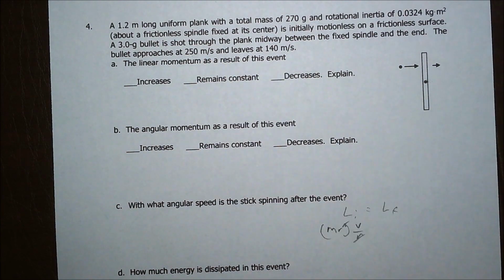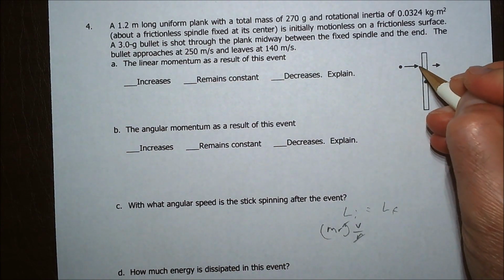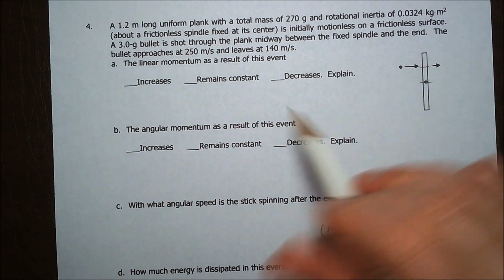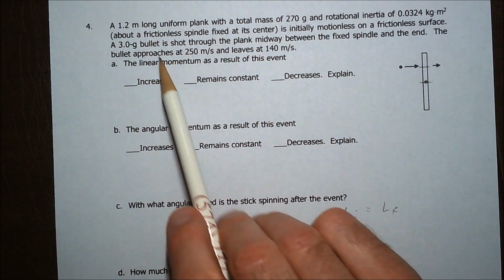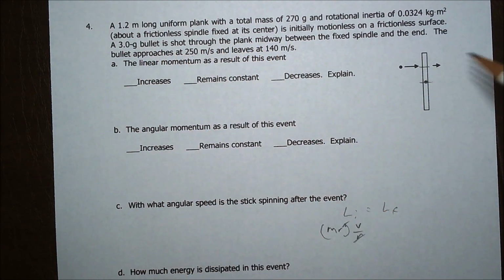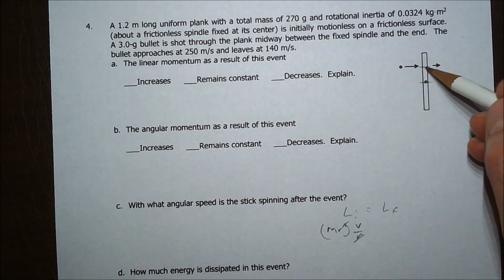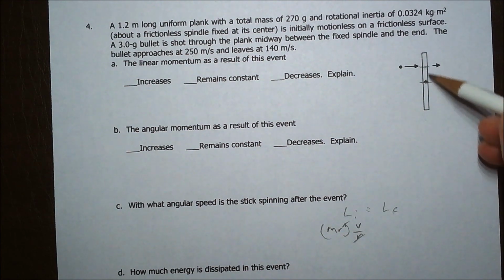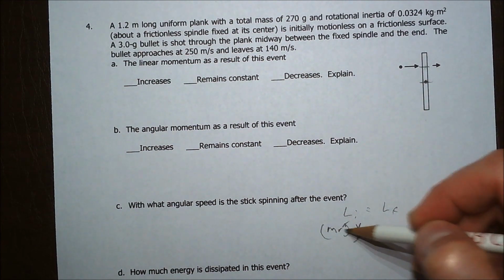It tells us the initial speed. The r would be this distance here. It says that the bullet shoots through midway through the plank right here. So if the whole thing's 1.2 meters, from here to here would be 0.6 meters. So that means this is 0.3 meters. So r is 0.3.